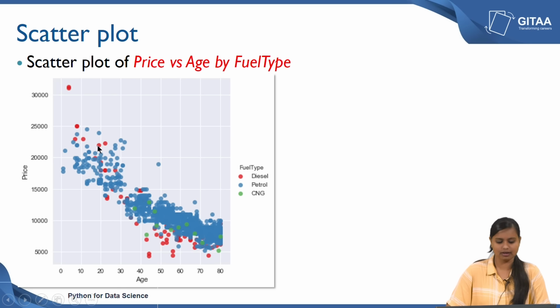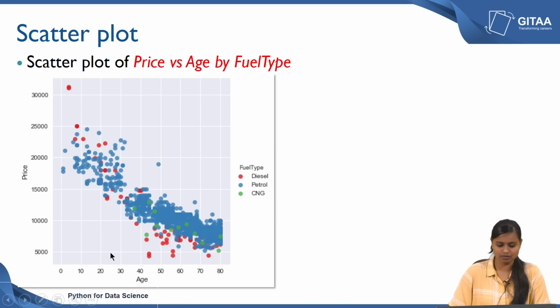If you see here, there are more cars of petrol fuel type, and the price is really higher for the cars which have diesel fuel type, and the price is comparatively lower for the cars which have CNG fuel type. You can also check the relationship between price and age, as we know that whenever the car's age is high, the price is very low.